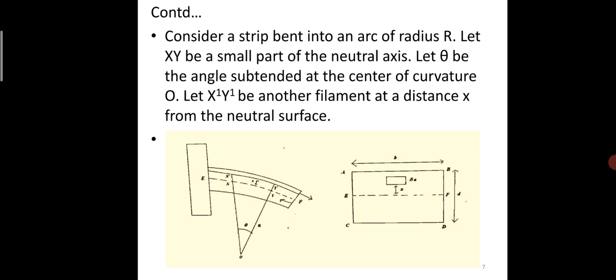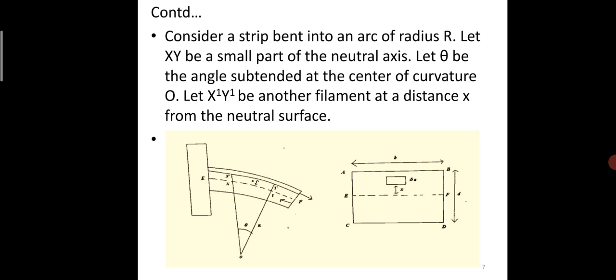Then consider a strip bent to an arc of a radius r. Let xy be a small part of the neutral axis and theta is angle subtended at the center of curvature O. And x dash y dash be another filament at a distance x from the neutral surface.